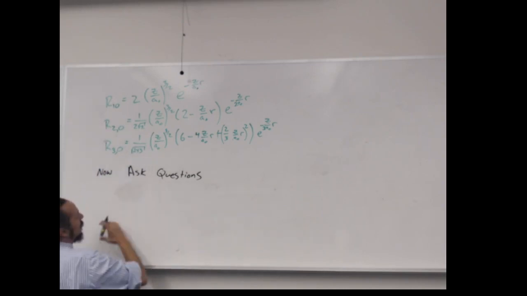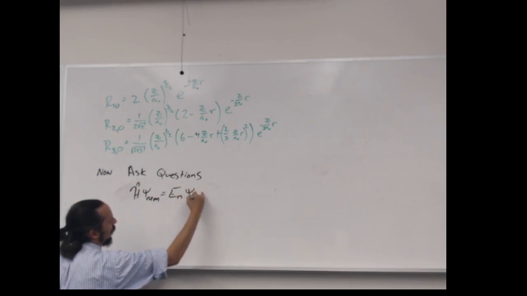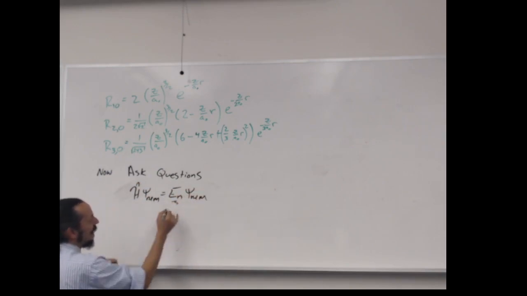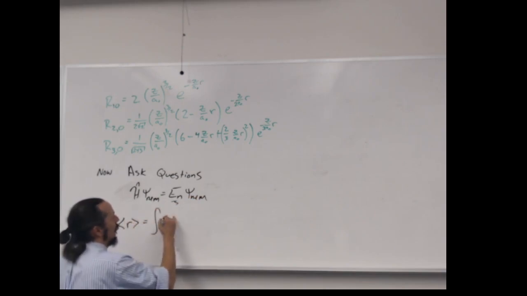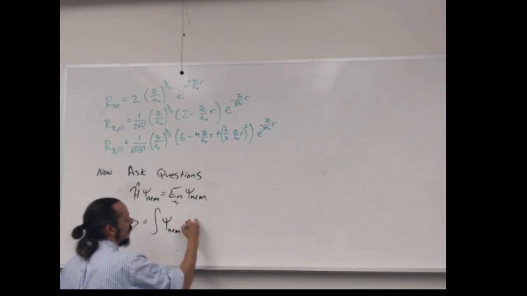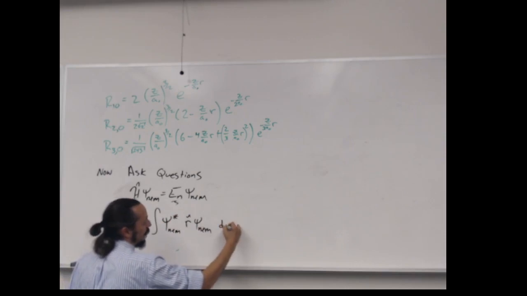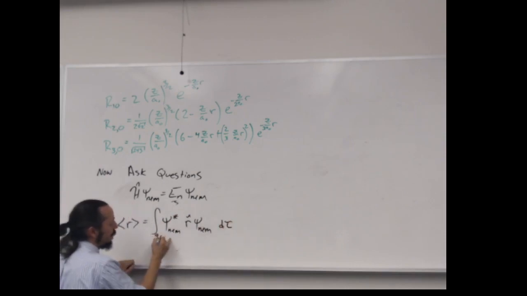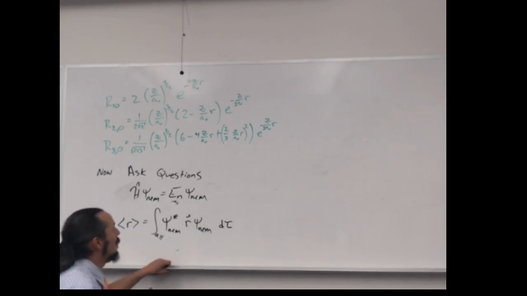More specifically, what energies do we get out of it? What's our average radius? What's our average radius going to look like? We could ask what's the average angular momentum or specific angular momentums. We can ask for probabilities.